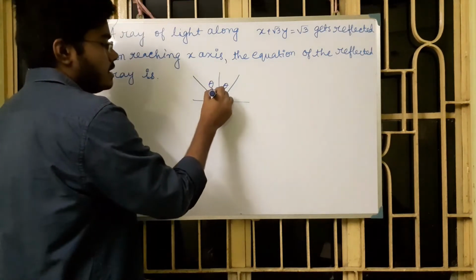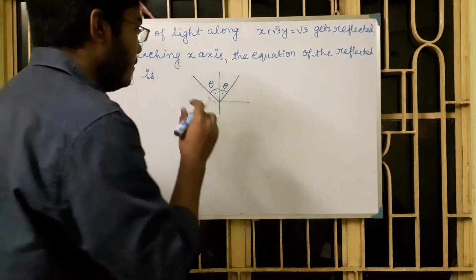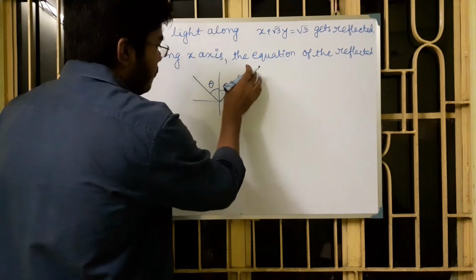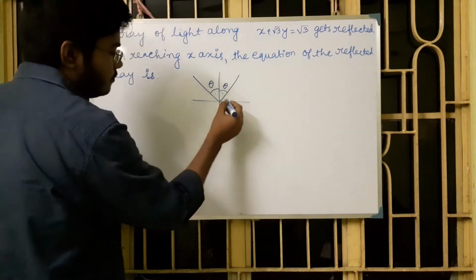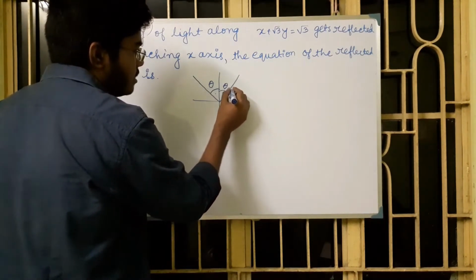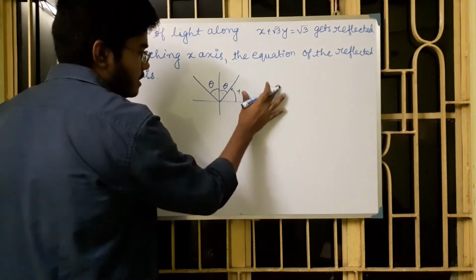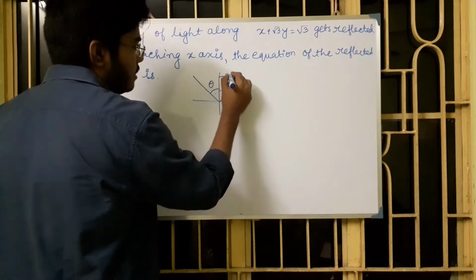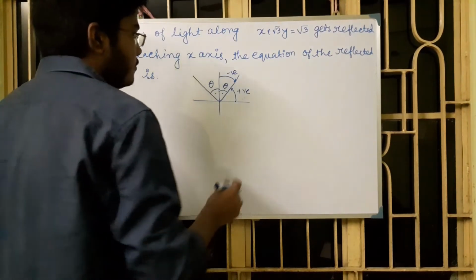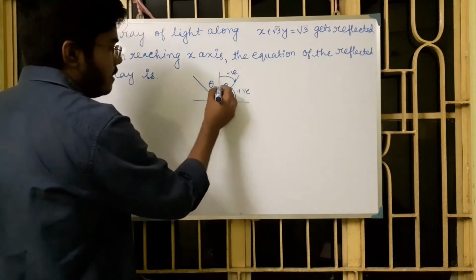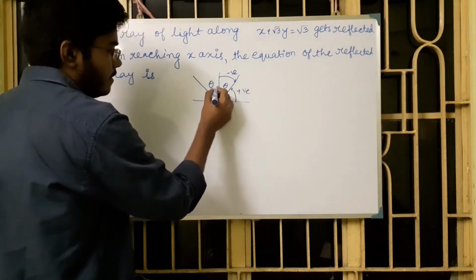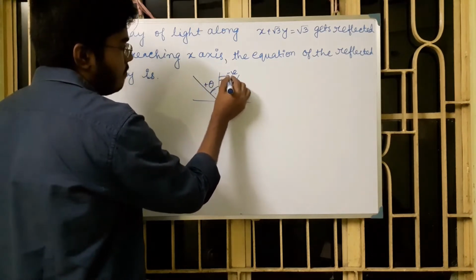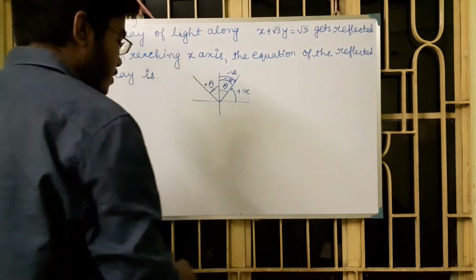So if this is theta, this will also be theta, but in measuring theory we know that this is a plus angle, a positive angle, and this is a negative angle. So if we have measured this as plus theta, this will be minus theta.